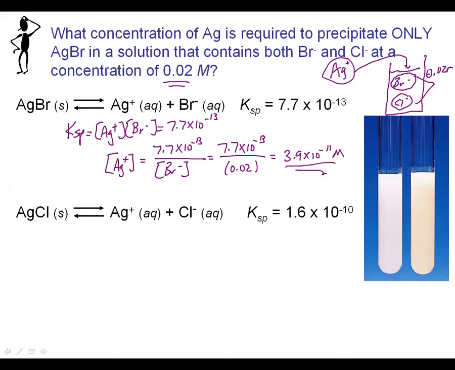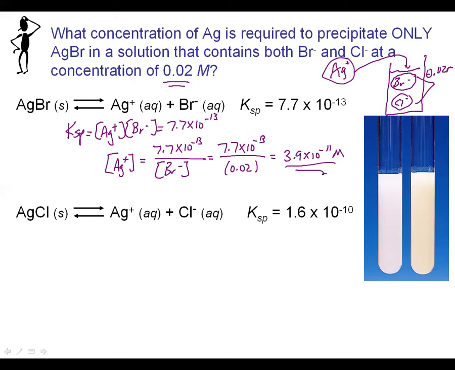Let's talk about what that number represents. Until I add silver into this beaker on the top right and hit a concentration of 3.9 times 10 to the minus 11 for the silver, I will not see anything precipitate.